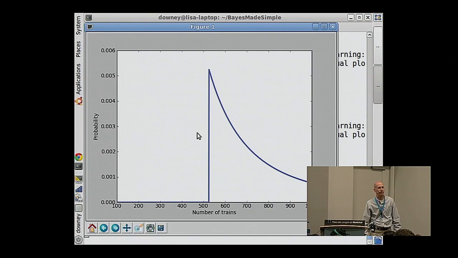That's a little bit counterintuitive, because if you actually saw 1, 2, and 525, you might be suspicious about our prior assumptions. You might start to question whether they had numbered them consecutively. But if we stick with the prior, if we know that for a fact, then this is the correct posterior distribution. This is what we should believe after seeing the data.